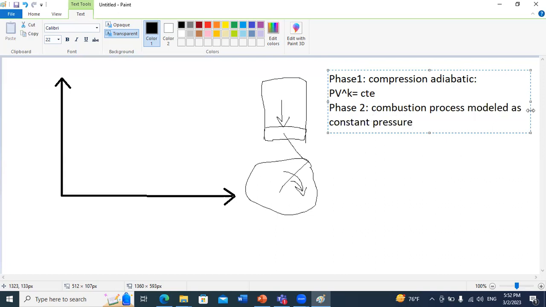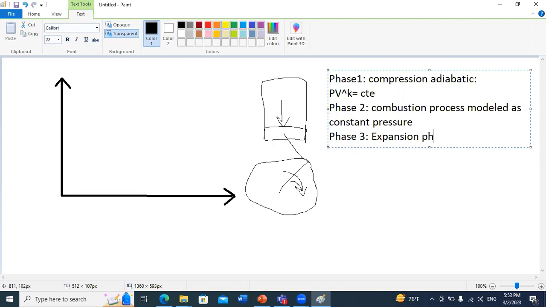Now for phase three, we'll have the expansion. The expansion is one of the most important phases because during the expansion, the piston will move downward due to the push of combustion. So it will deliver work.